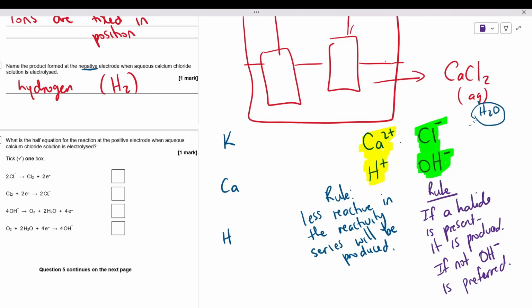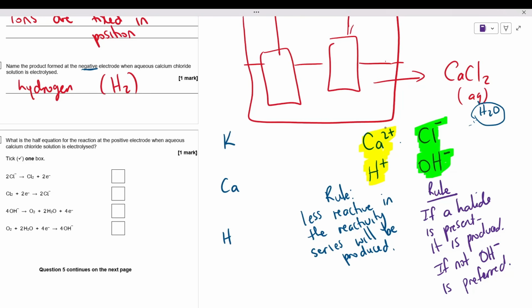But if there's no halide, then it means, therefore, it's going to produce that OH. So you're going to be seeing that bubble, and the confirmatory test used for oxygen at that positive electrode. So that's a simplified rule that you need to know.